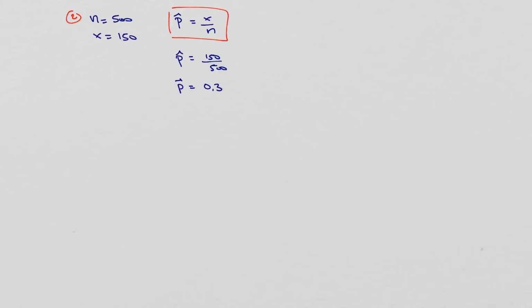So if we want our margin of error, that's going to be our critical value, which is often referred to as z, plus or minus the critical value times the standard error of the population proportion. That is on page 34 of our maths tables.